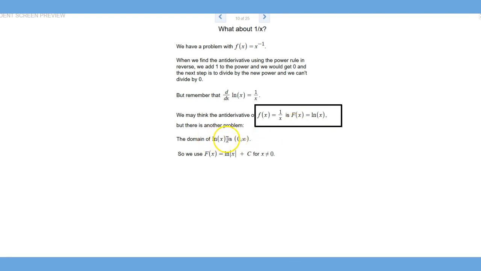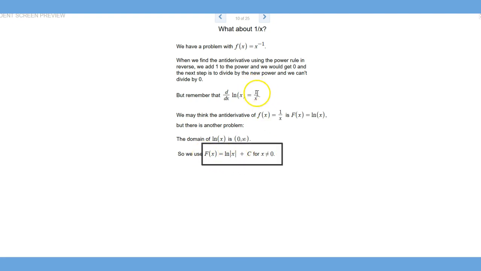The domain of the natural log of x, remember, is 0 to infinity, and since the domain of our original function 1 over x is all numbers except 0, we have to take care of that. So the antiderivative of 1 over x is the ln of the absolute value of x. So that takes care of that problem with the domain. And then, of course, we'll tack on our arbitrary constant for the general antiderivative.